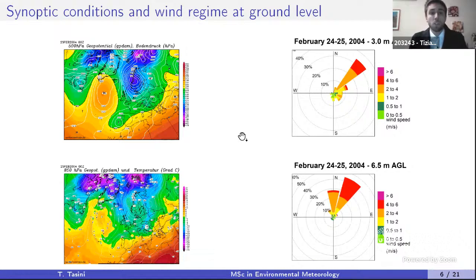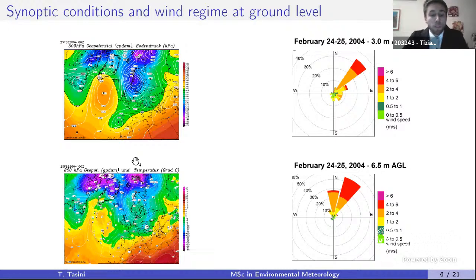So synoptic conditions. Top left, the geopotential map at 500 hectopascal at 0 UTC on February 25, where a low pressure system with a minimum of 985 hectopascal is present over Scandinavia, which brings colder air over Europe.